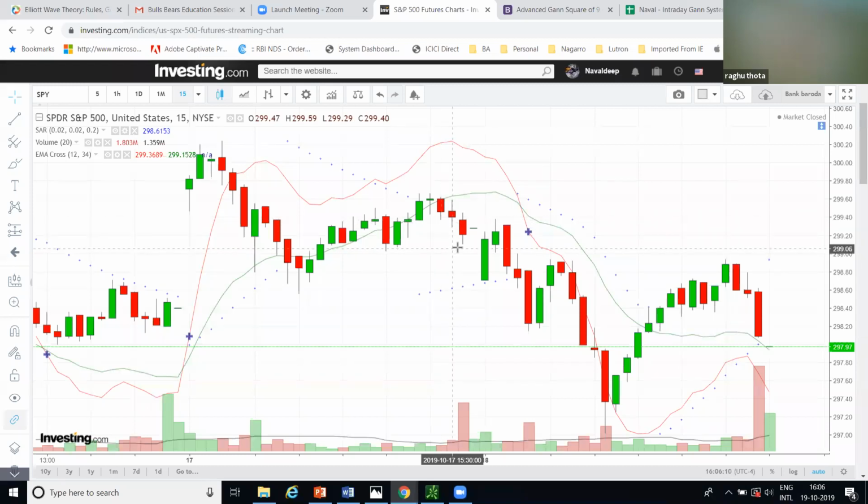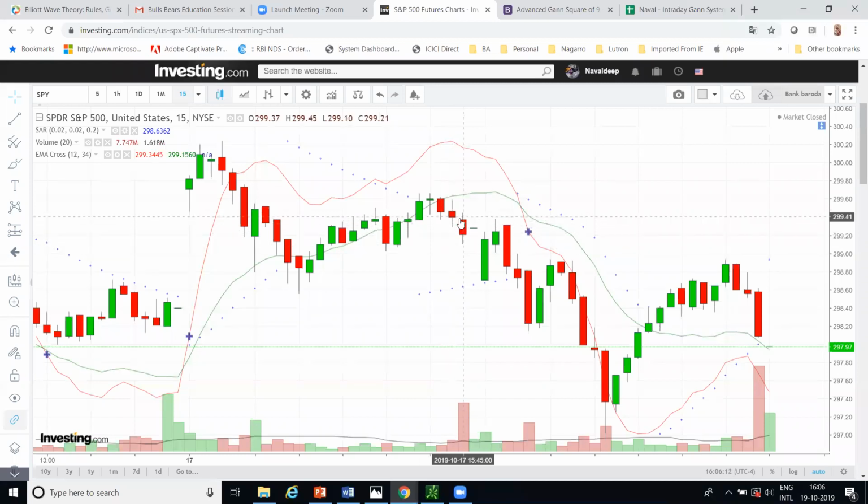Okay, sorry. So this is a candle. This is the body of the candle. This is the upper wick and this is the lower wick. Now, why is this candle red? This candle is red because it opened here, which was 299.36. This is a chart on SPY. So this candle says that it opened at 299.36 and closed at 299.22.